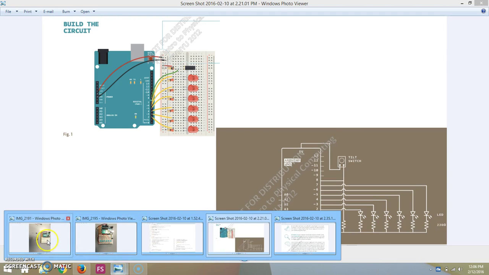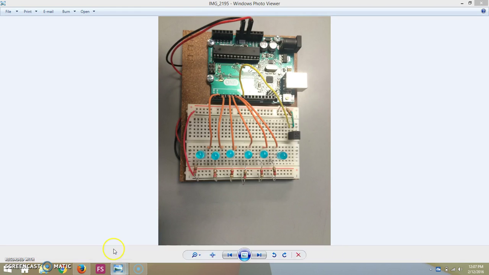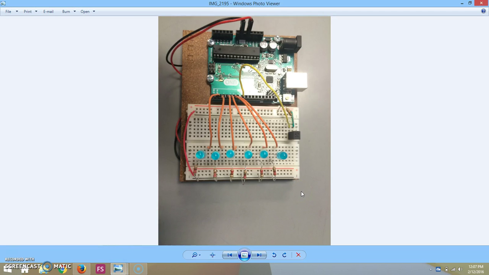And onto our build. For our initial build, we start with 6 LEDs, 6 220 ohm resistors, a tilt switch, and a 10K ohm resistor. Our final setup would look similar to this, with the 5V going into the breadboard's power, and the ground from the Arduino going to the ground on the breadboard.